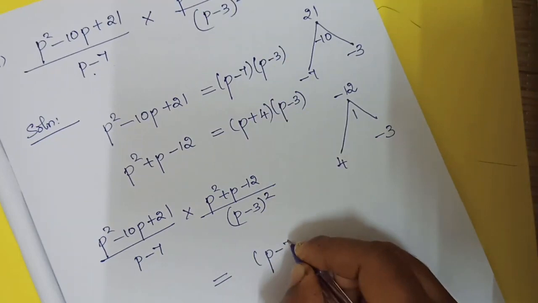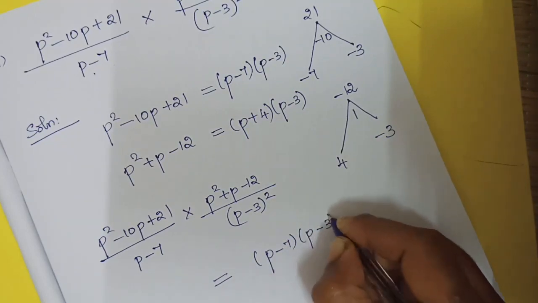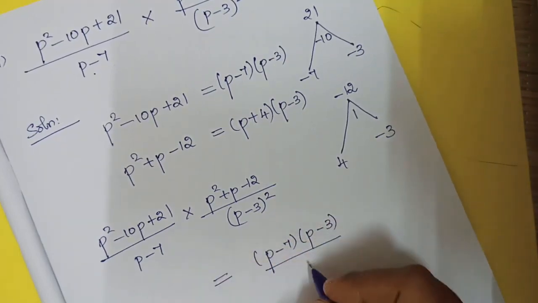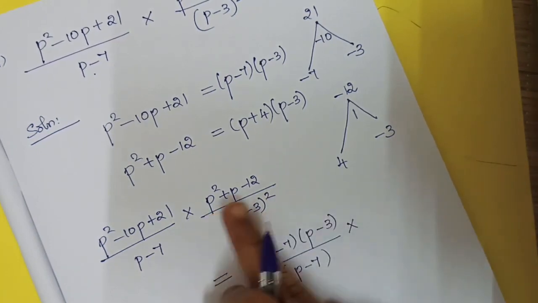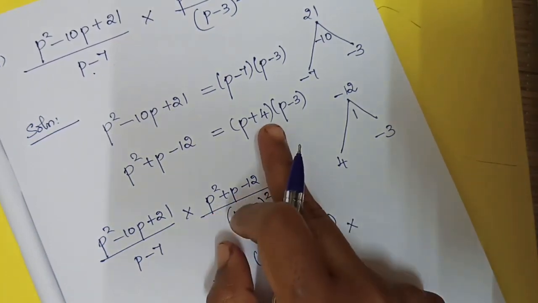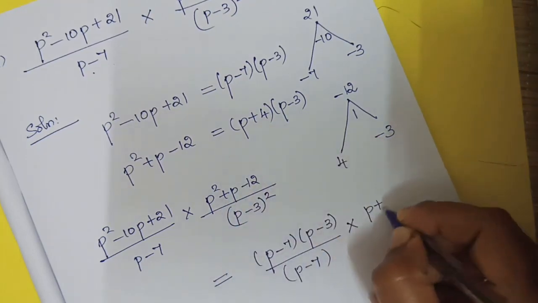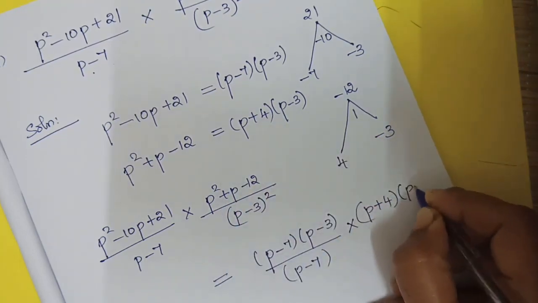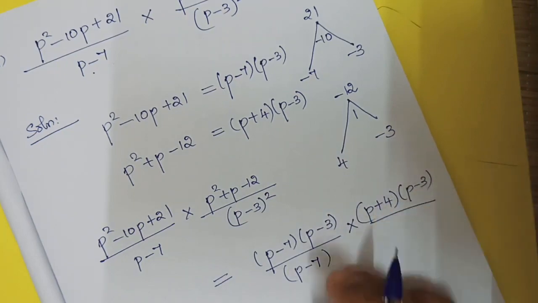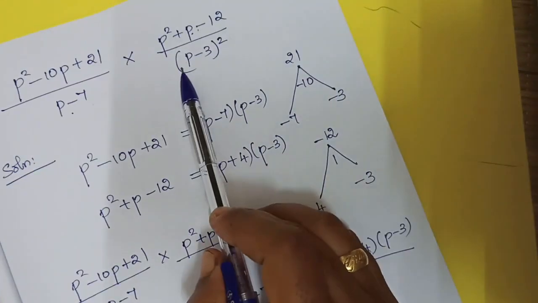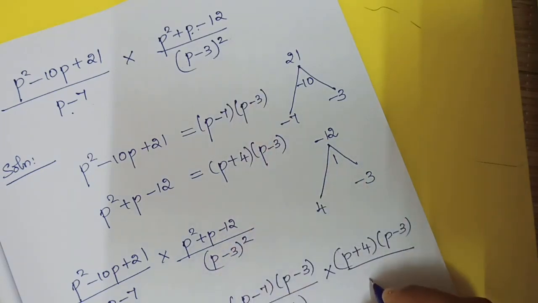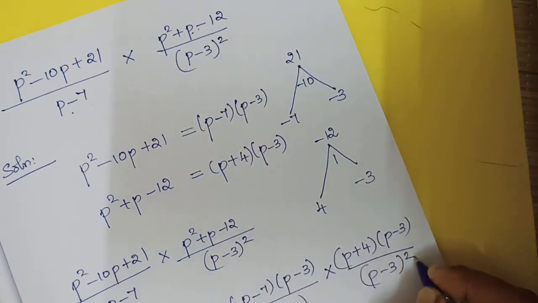So p minus 7 into p minus 3 divided by p minus 7, into p square plus p minus 12, we factorized this, so p plus 4 into p minus 3, divided by p minus 3 the whole square.